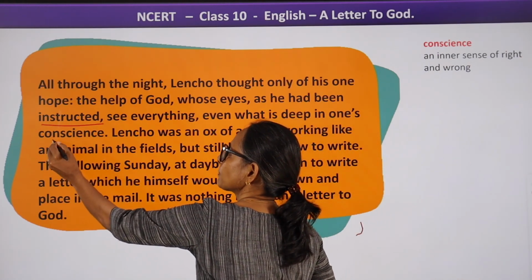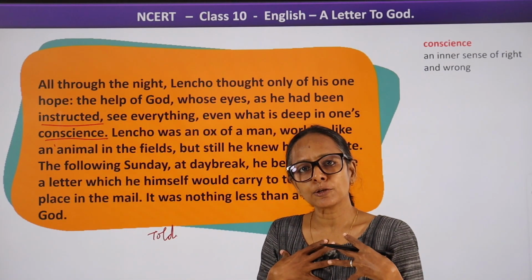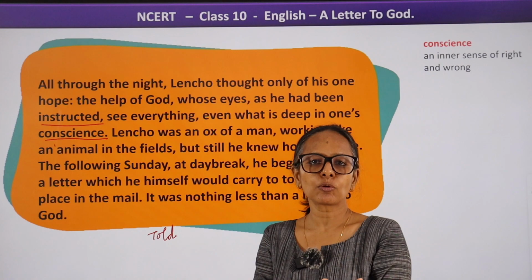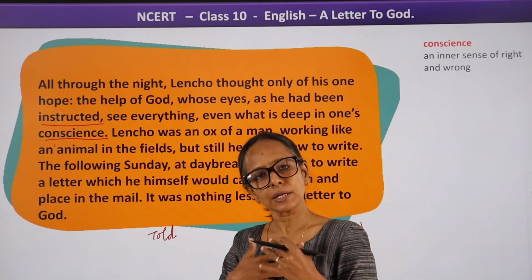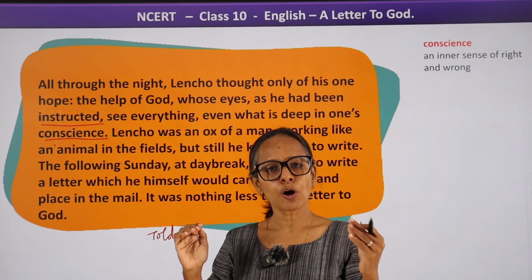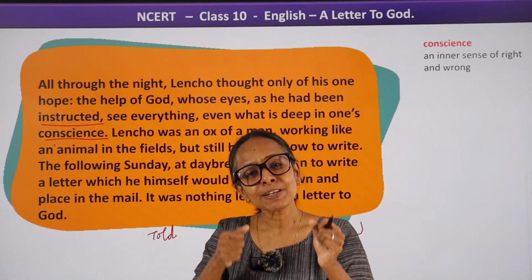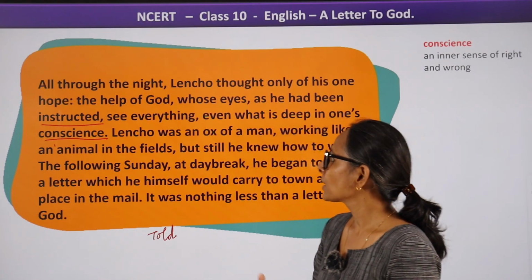What does conscience mean? Conscience means the thing that is there inside you that tells you what is right or wrong. When there is something inside us that tells us this is right and this is wrong, that's our conscience. So what Lencho believes is that God sees everything, even what is deep within your conscience.